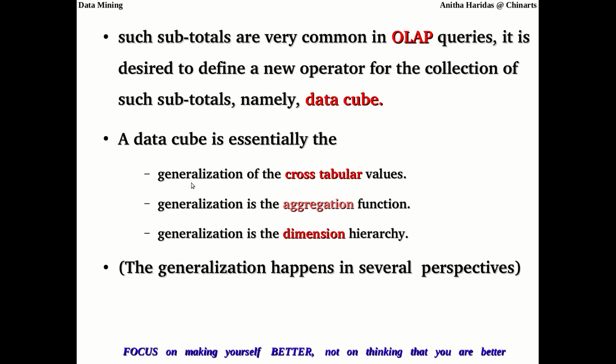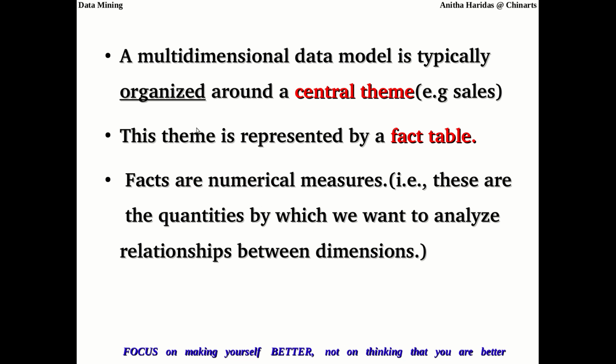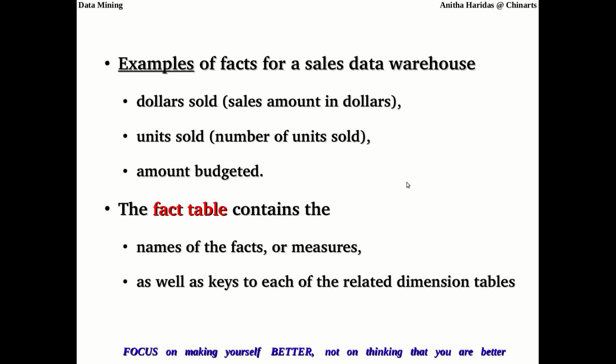And the generalization can be from different perspectives. And these perspectives will be represented as dimensions. So obviously the multidimensional data model contains dimension table. Since the multidimensional data model is organized around a theme or around a subject, it will be represented by the fact table also.